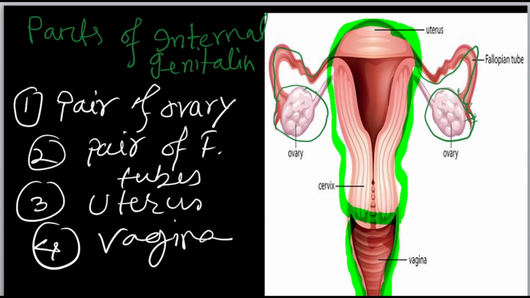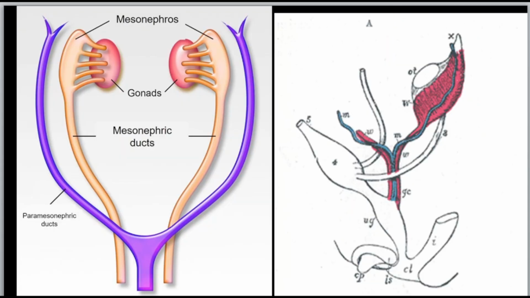Now the derivative structures from which this internal genitalia will be derived or developed. Okay. First of all, we see that this is the gonad, and up to 6 weeks it stays as an indifferent gonad that can form either testis or ovary.